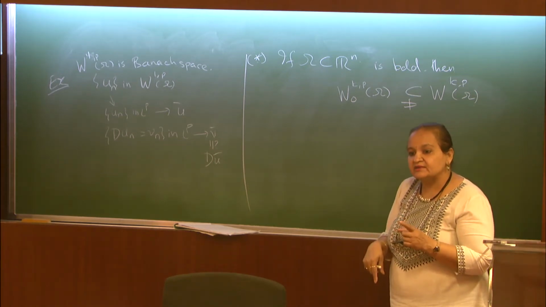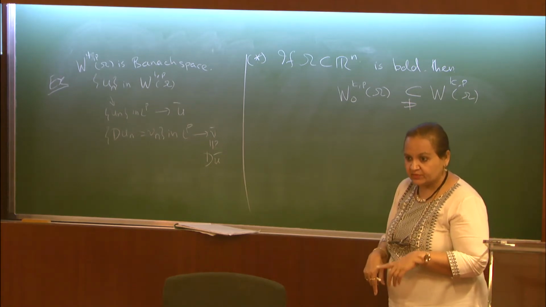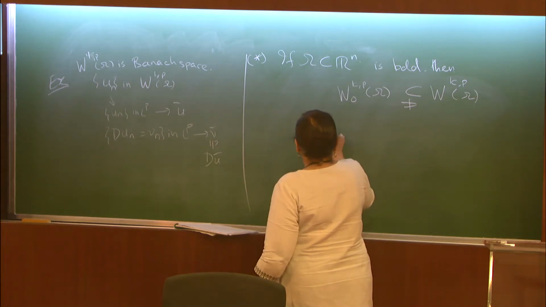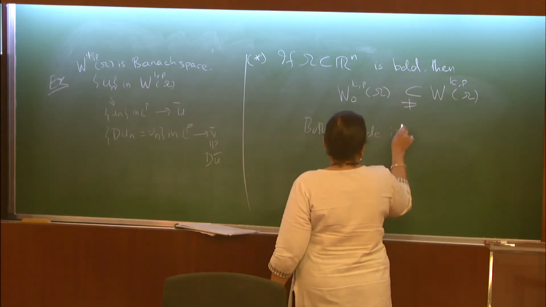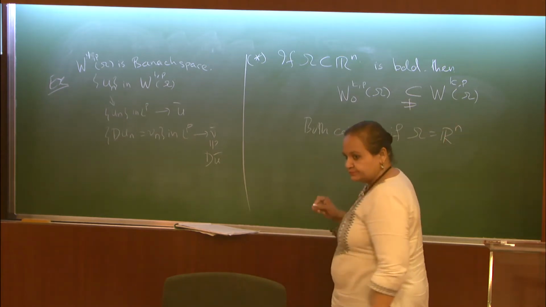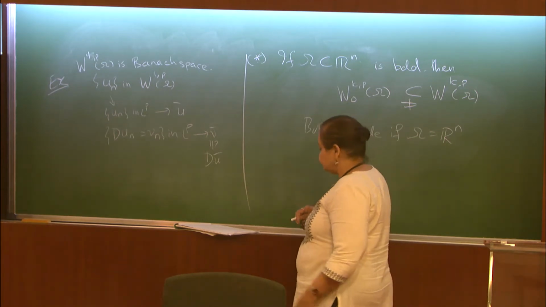If omega is equal to R^n, then both the sets coincide. Okay. You can verify this.